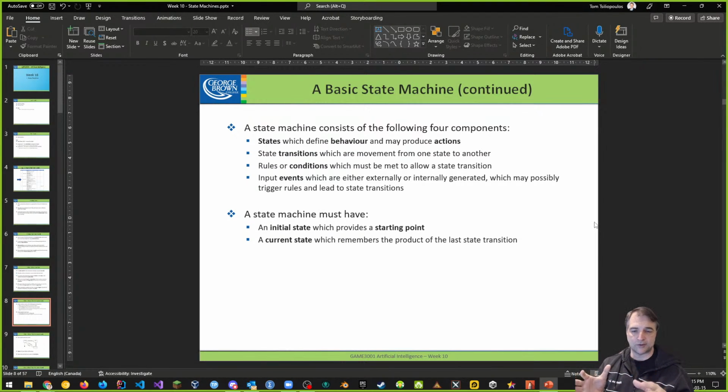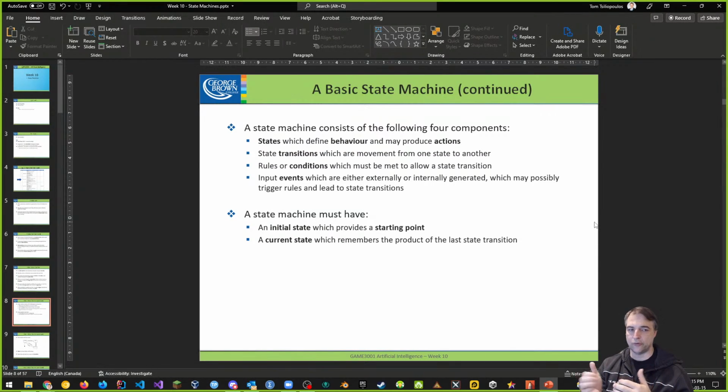If I'm in a specific state right now, for example the patrol state, what are the conditions that are going to transition me from the patrol state to an attack state, as an example? And the other thing is some kind of input events, which are either externally or internally generated, which may possibly trigger rules and lead to state transitions.